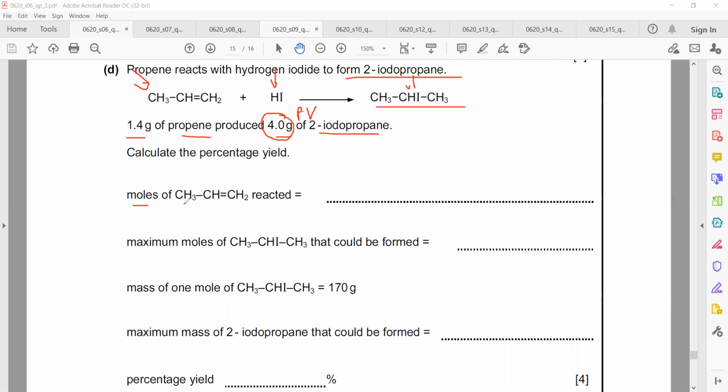First thing, moles of CH3CHCH2 reacted. How to get the moles? Basically instead of writing in words, they write just a structure, but they are asking for moles of propene. How to get the moles of propene if the mass is given?